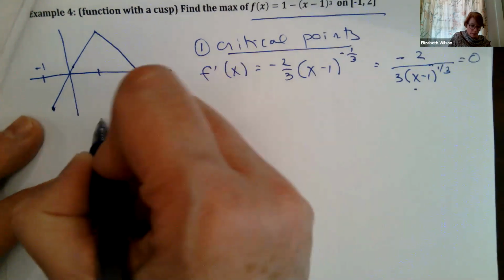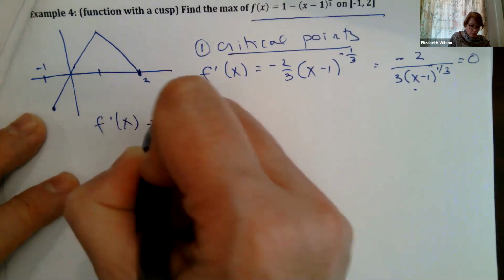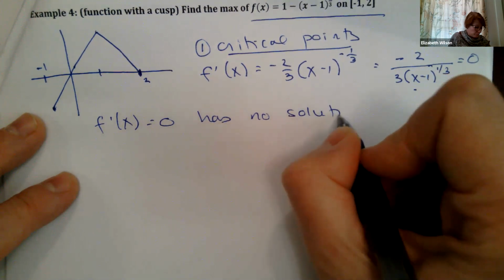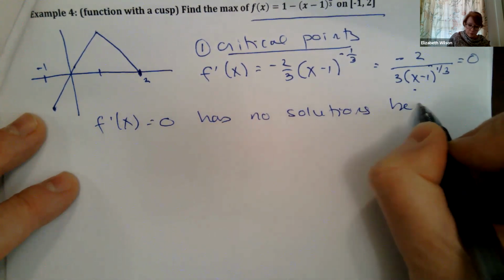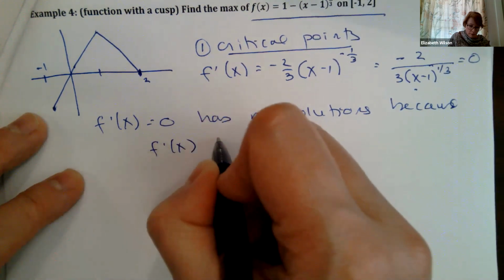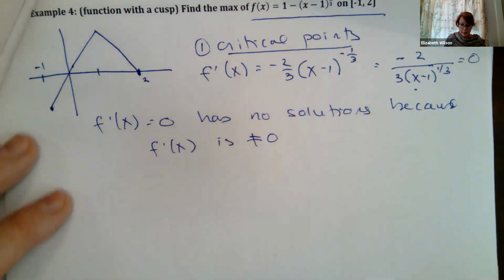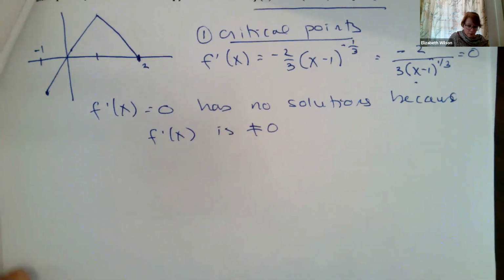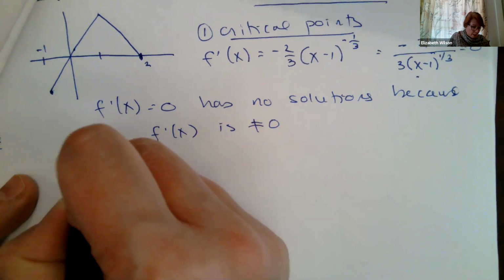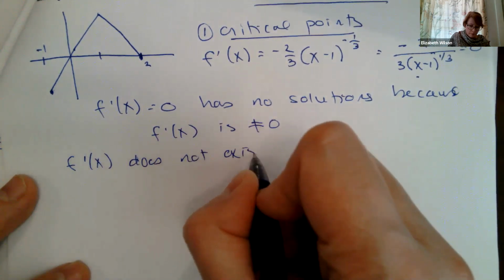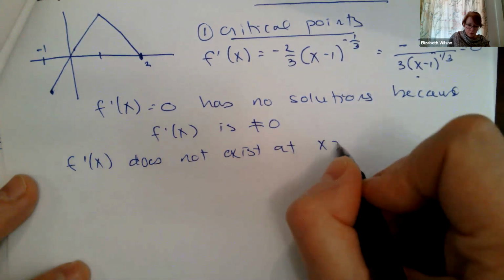Okay, so I'm going to write this down. f prime of x equals 0 has no solutions because f prime of x is not equal to 0. I can't plug in x equals 1, I'm going to get a domain restriction. So this is because f prime of x does not exist at x equals 1.